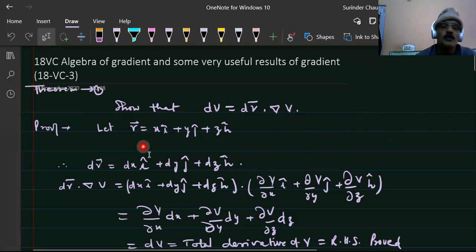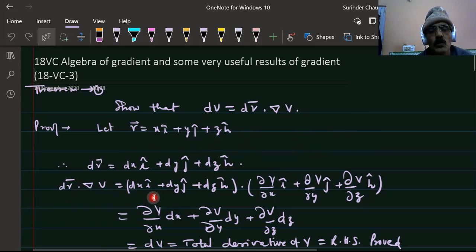Let r be the position vector of a point on the level surface of a region. Then dr is equal to dx i plus dy j plus dz k. Now take the right hand side: dr vector dot gradient of v.